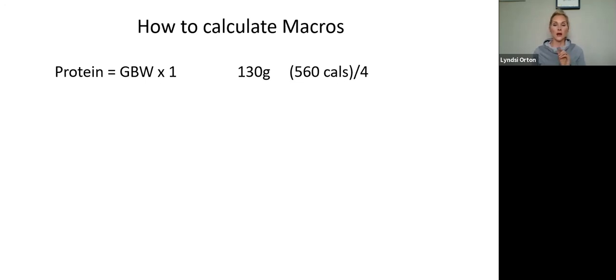So 4 times 130 is 560. So that means 560 calories of your 1,500 and something is coming from protein, okay? So that's where the calories in parentheses come from. So we take 130 times 4 equals 560. So 560 calories worth of your daily allotment is coming from protein.